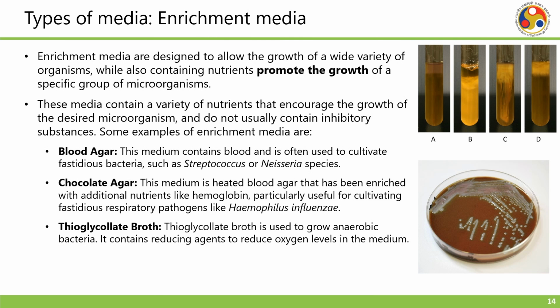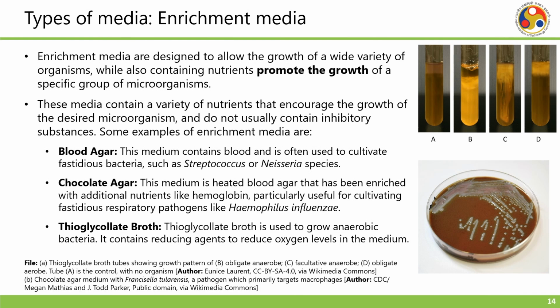Then thioglycolate broth, which is used to grow anaerobic bacteria. It contains reducing agents to reduce oxygen levels in the medium. So, here in this figure we can see the thioglycolate broth tubes showing growth pattern of obligate anaerobe, then we have facultative anaerobes and then obligate aerobes, and tube A is actually the control with no organism.